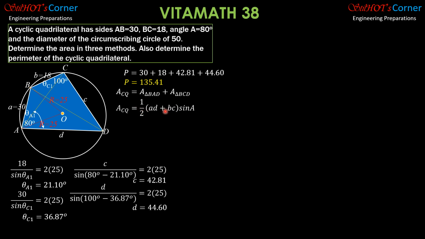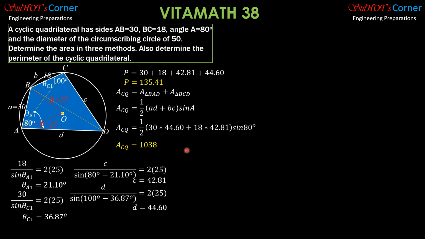So 1/2 AD sine angle A plus 1/2 BC sine angle C, and sine angle C is just sine angle A. So substituting, because everything is known, area of cyclic quadrilateral is 1/2 of 30 times 44.6 plus 18 times 42.81 times sine of 80 degrees. So area of cyclic quadrilateral to four significant figures is 1038 square units.